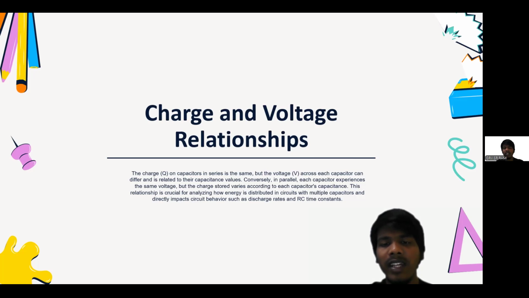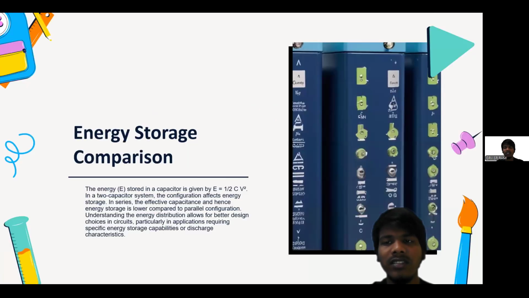Conversely, in parallel, each capacitor experiences the same voltage, but the charge stored varies according to each capacitor's capacitance. This relationship is crucial for analyzing how energy is distributed in circuits with multiple capacitors and directly impacts circuit behavior such as discharge rates and RC time constants.